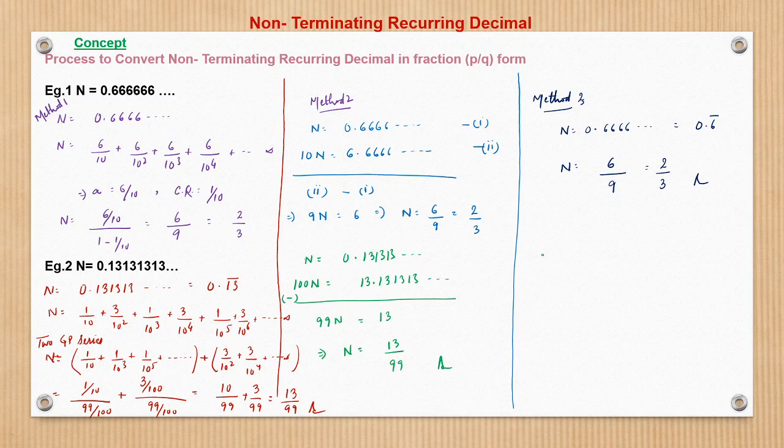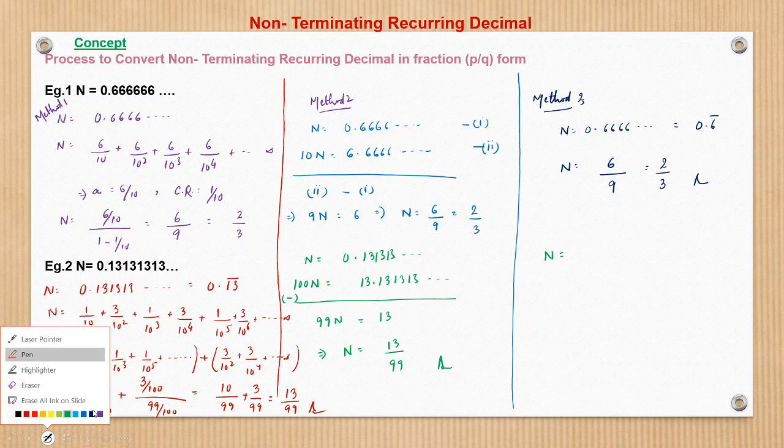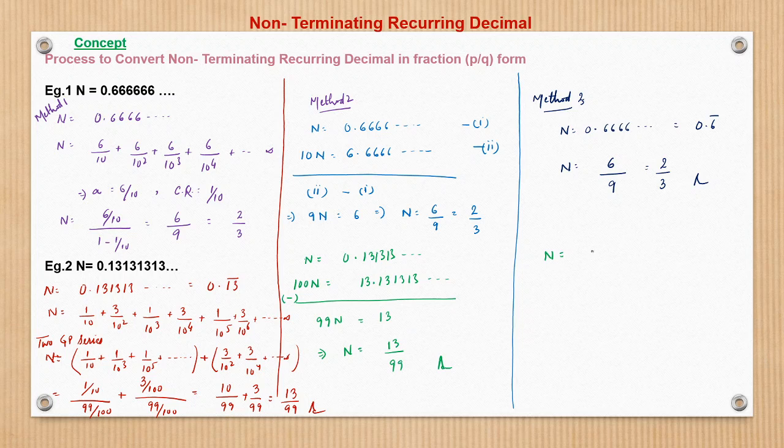Using the third approach, n is nothing but 0.13 bar. This can directly be written using the digits.